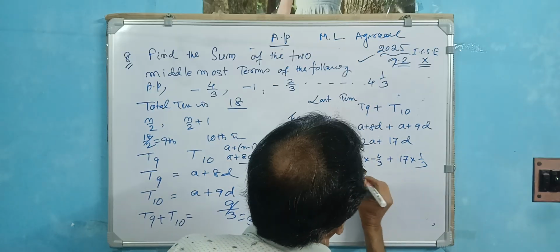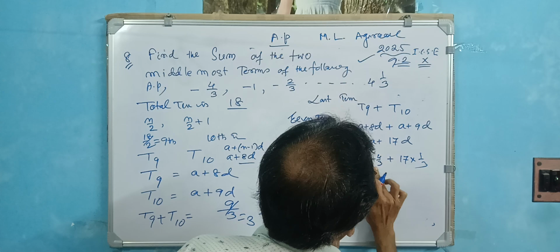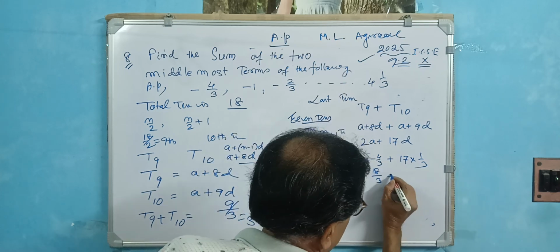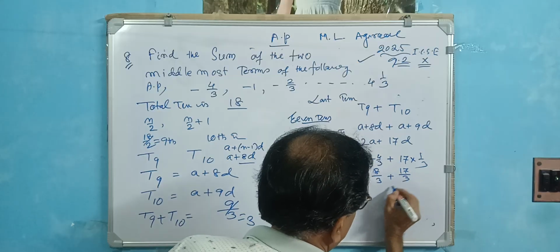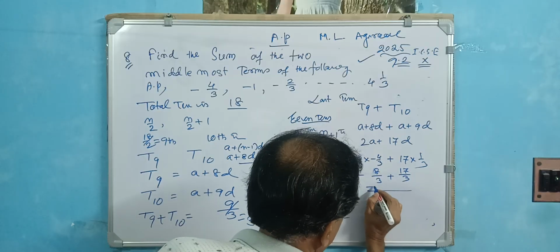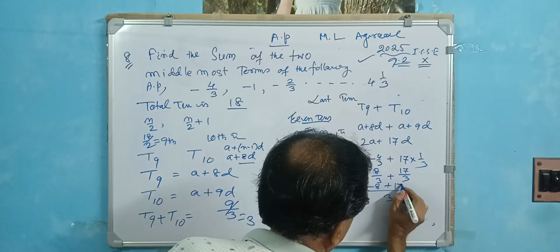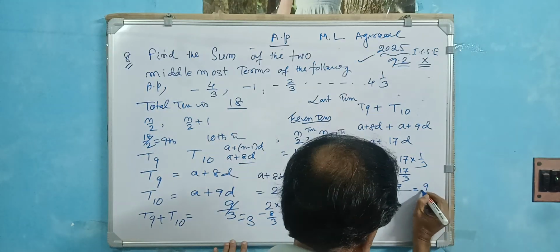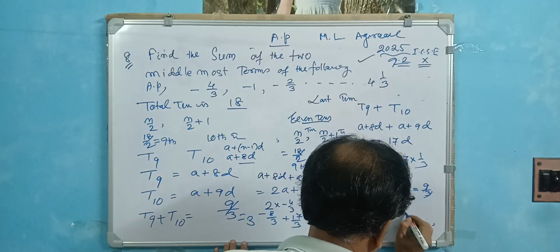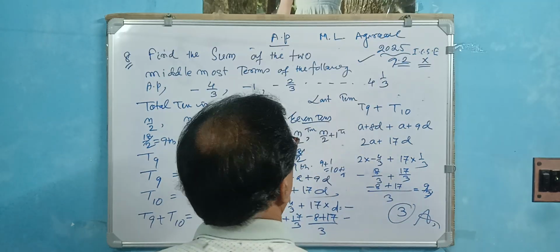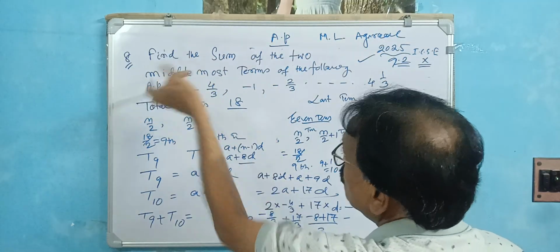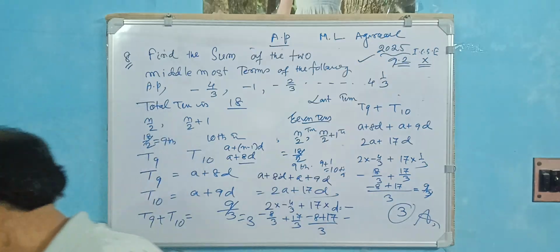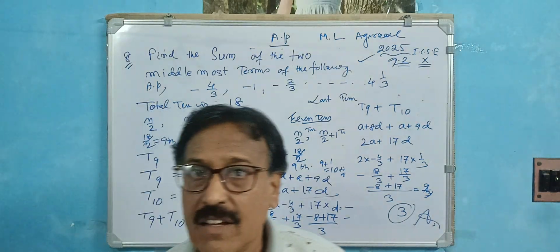So this is minus 8 by 3 plus 17 by 3. The LCM is 3, so minus 8 plus 17, that is 9. 9 by 3 is 3. This is the answer. The sum of these two middlemost terms is 3.